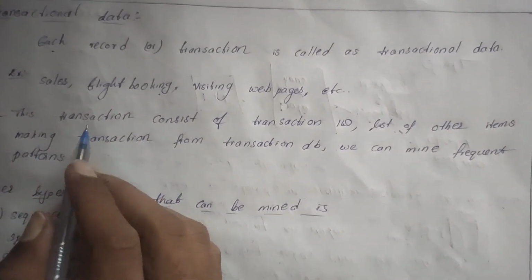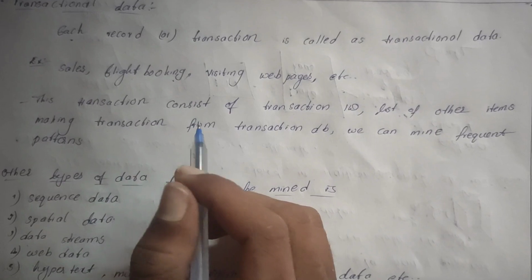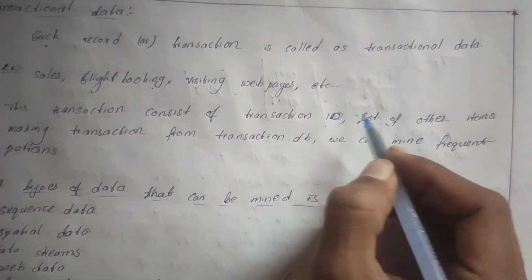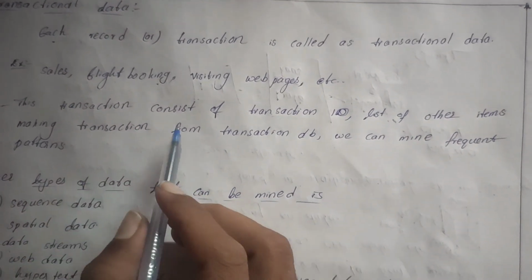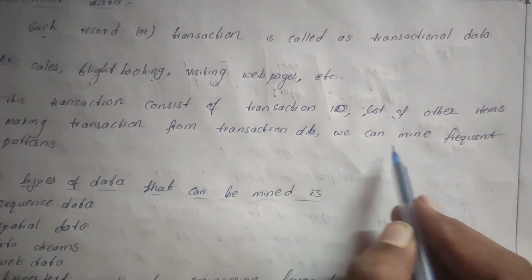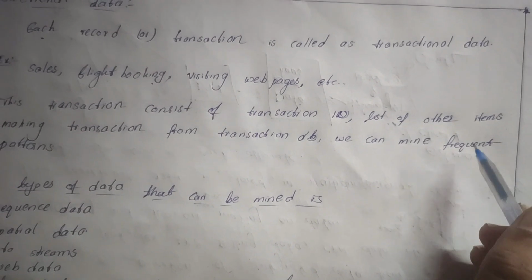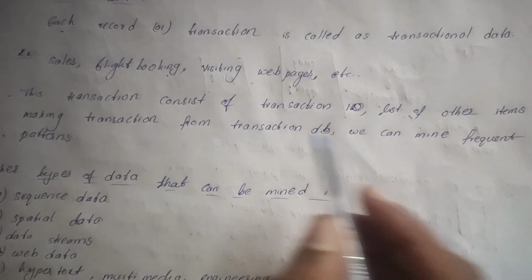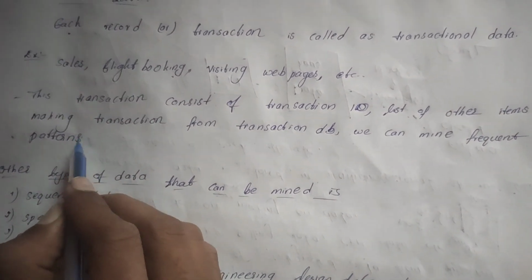This transactional data consists of transaction IDs and a list of items making up the transaction, from the transaction database. And here we can mine frequent patterns.